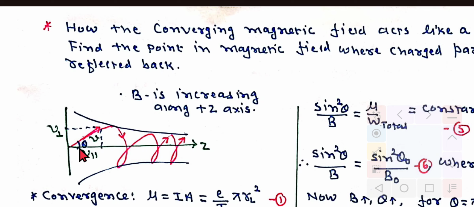The path followed by the particle in a magnetic field is a helix or spiral like this. We will prove that its radius of gyration or Larmor radius will be decreasing in this type of magnetic field. I mean, B is increasing and Larmor radius will be decreasing, and the particle will be focused at a particular point. We will discuss as follows.